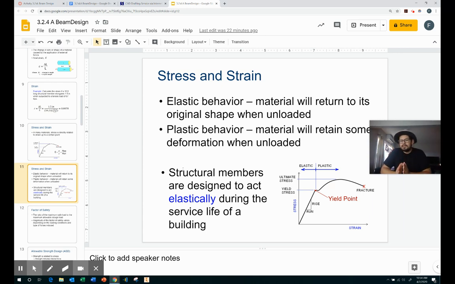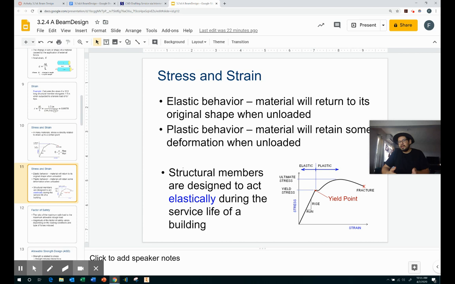That yield point is considered the failure point, because as soon as we cannot predict what an object will do, it's failed in our eyes, because now it can react very volatilely. It could fail suddenly. We don't know anymore.